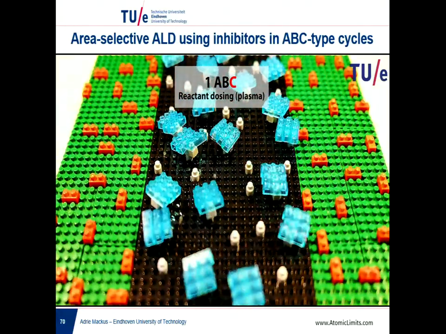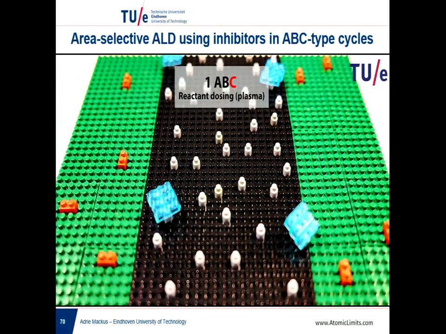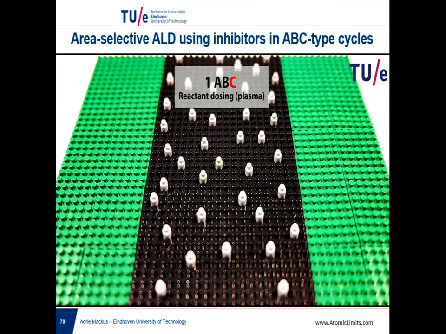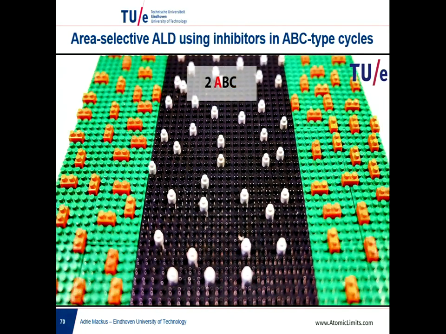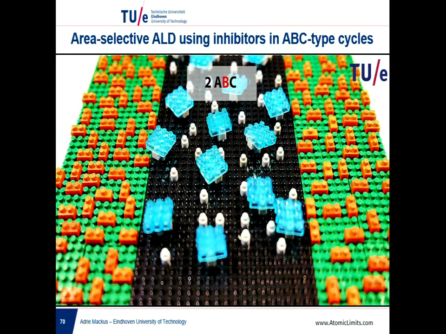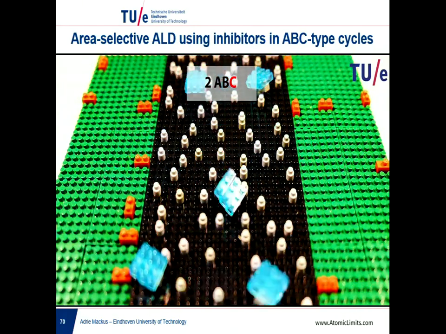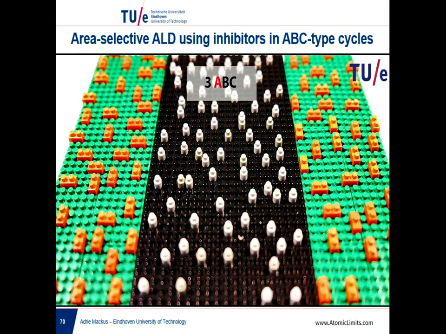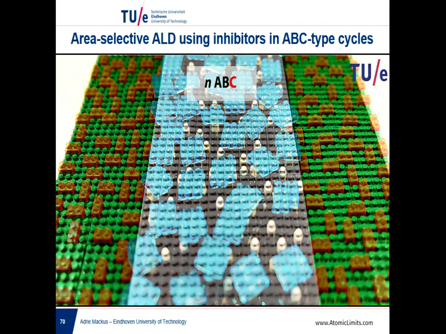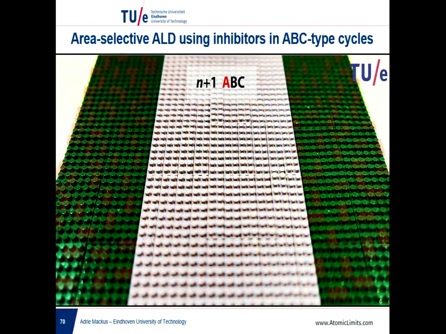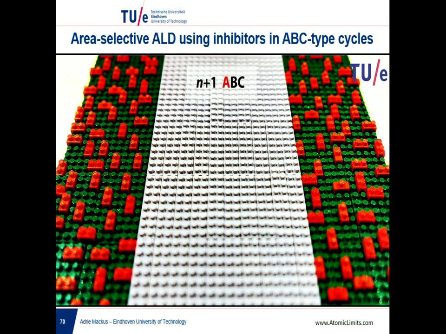Then we dose the co-reactant, and the function of this co-reactant is to remove these inhibitor molecules, but also the ligands of the precursor. But the end result is that we have deposited the atoms that we want. And then, of course, we can repeat this over and over again: inhibitor, precursor, and co-reactant until we have selectively deposited a film on the growth area.